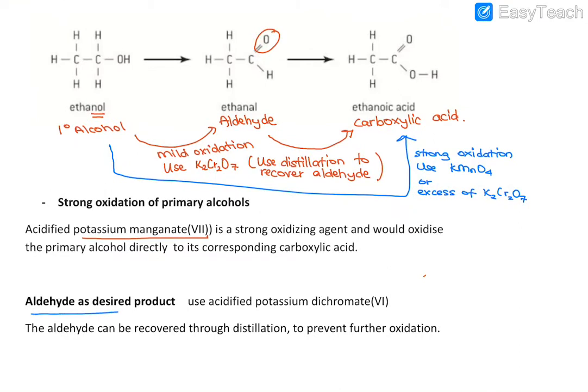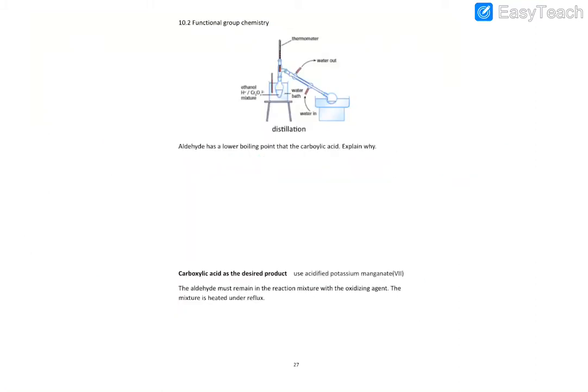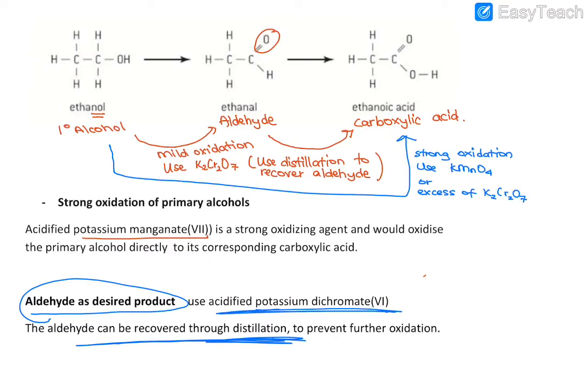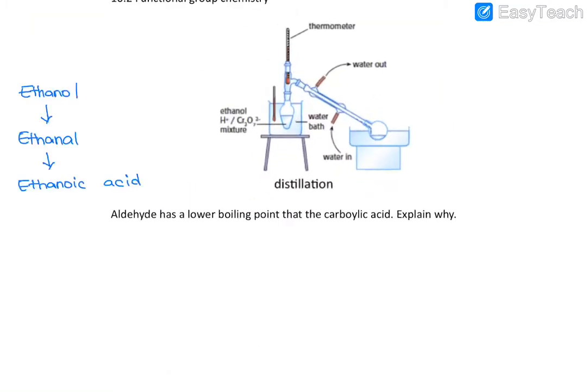If you need the aldehyde as the product, you're going to use acidified potassium dichromate, and you're going to recover the aldehyde through distillation to prevent any further oxidation. But if you need the carboxylic acid, you're going to use a strong oxidizing agent, KMnO4, or an excess of potassium dichromate(VI).